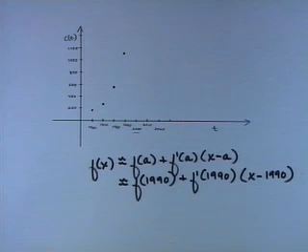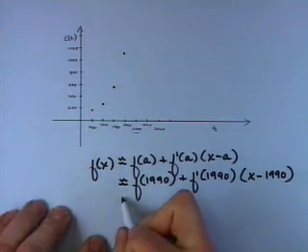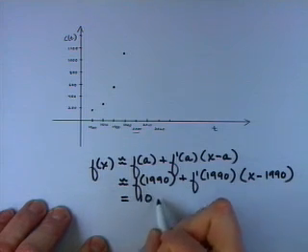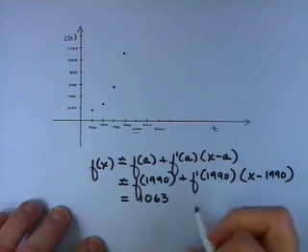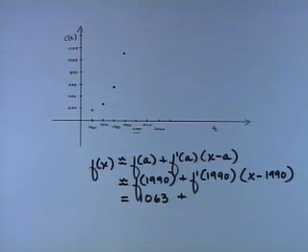What is the f of 1990? What is it? I can't read it. It was in the table, wasn't it? 1063. 1063? Plus the f prime of 1990.